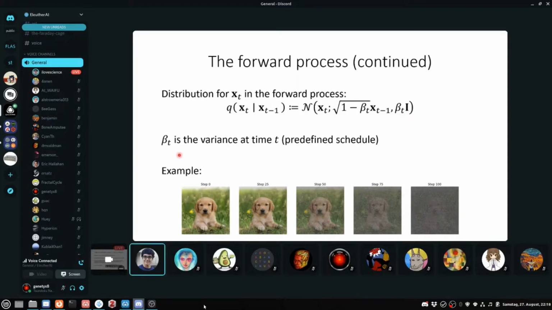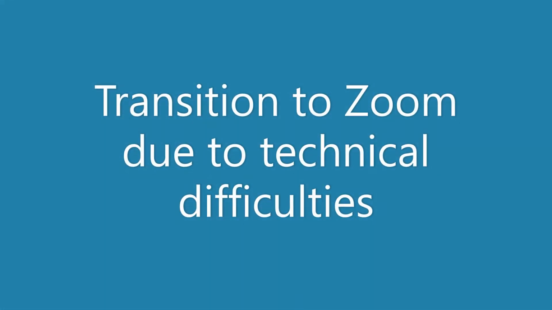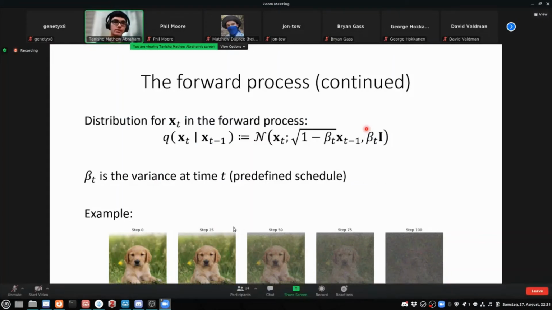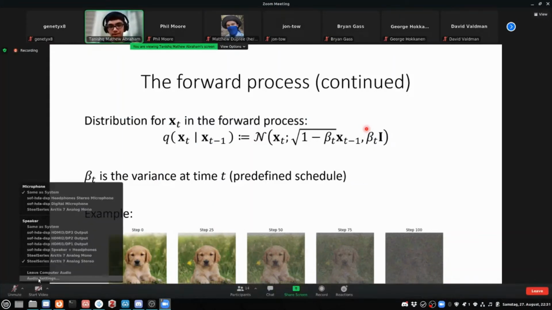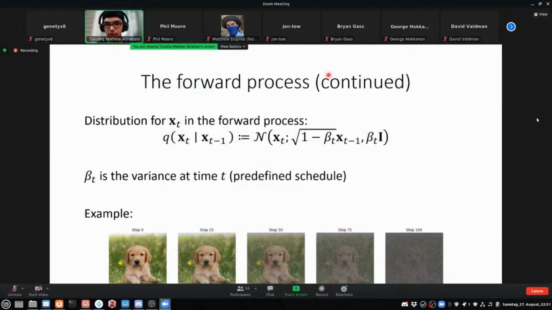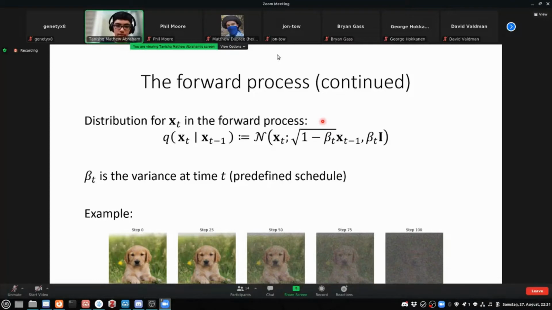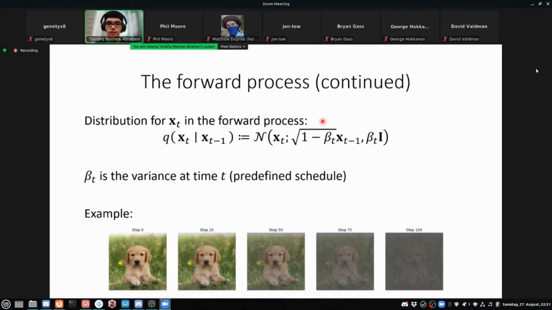The variance has a predefined schedule. Of course, the variance starts out low at the beginning, which means it's not really adding much noise. Then as we move along to higher time steps, beta t increases and we add more noise to the image.